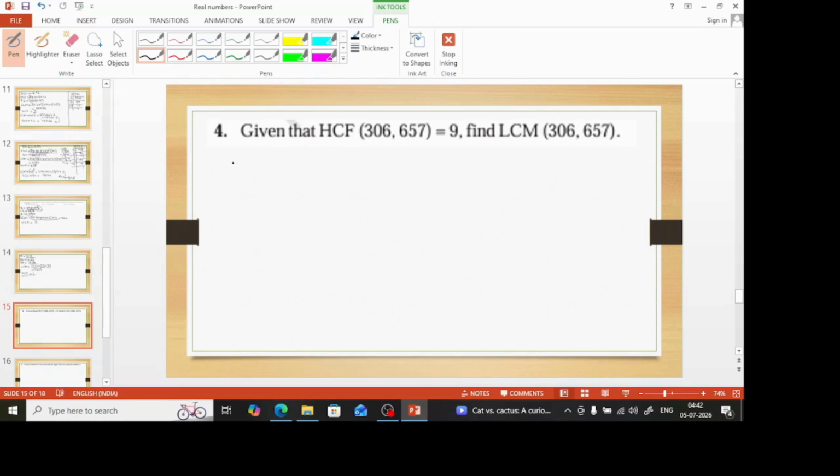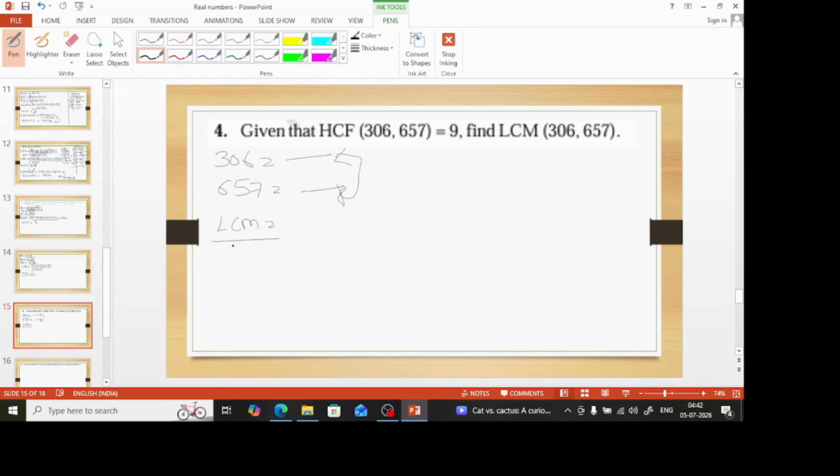We will write 306, we will make factors, 657, we will make factors. Then we can know the LCM. But here the question is not asking us to calculate in this way, because the HCF is also given.